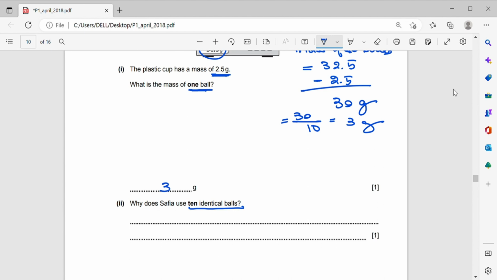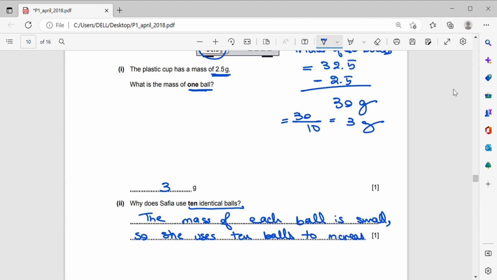So the answer would be that the mass of each ball is small, so she uses 10 identical balls to increase the accuracy of her results.